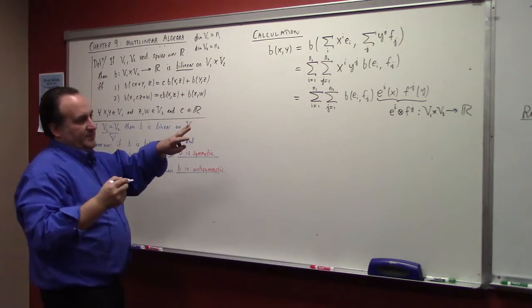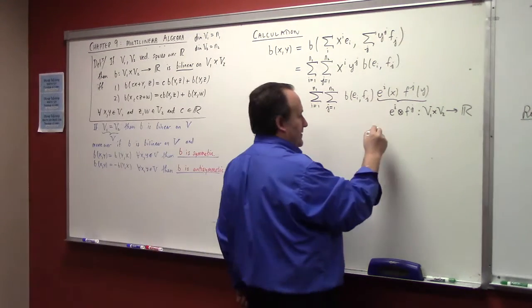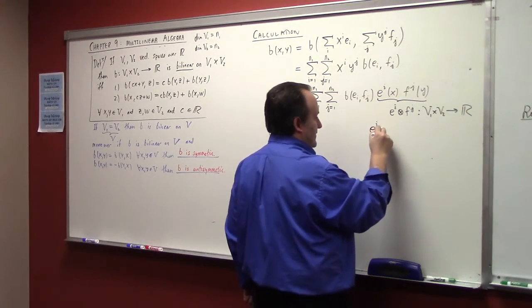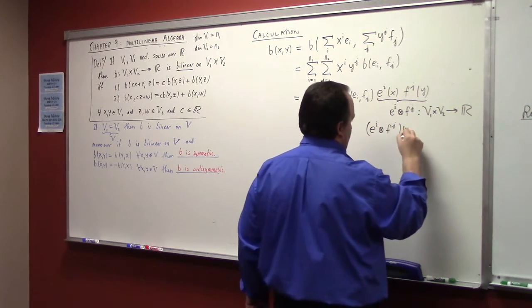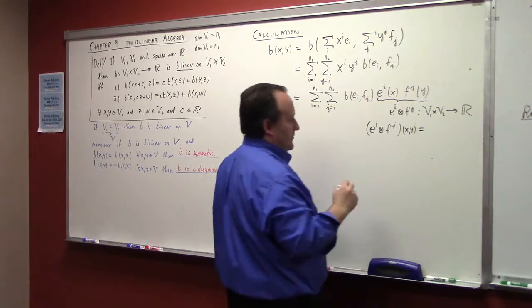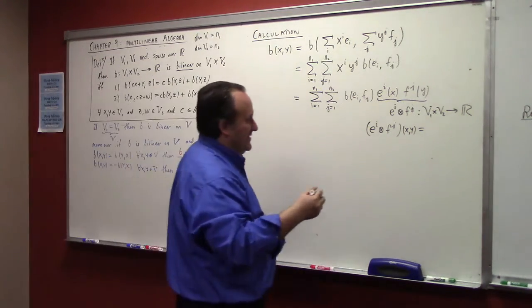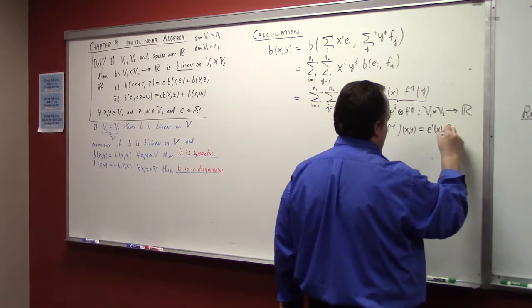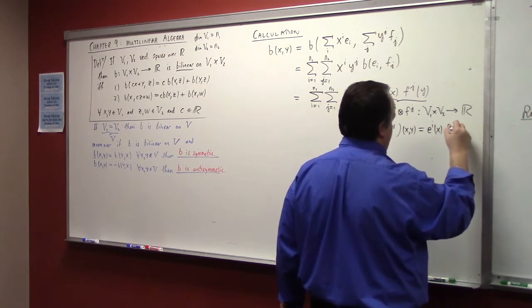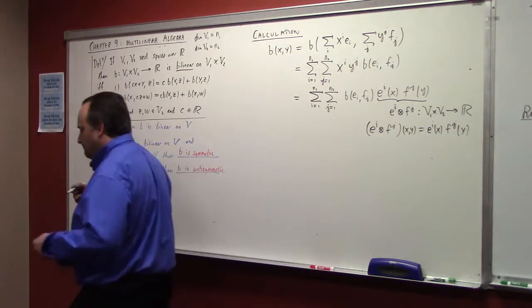Well, to be fair, define it by this, okay? e i tensor f j of x comma y, well, guess what it's going to be equal to? It is going to be equal to e i of x, and not even comma, just times f j of y. This is literally a multiplication of numbers.